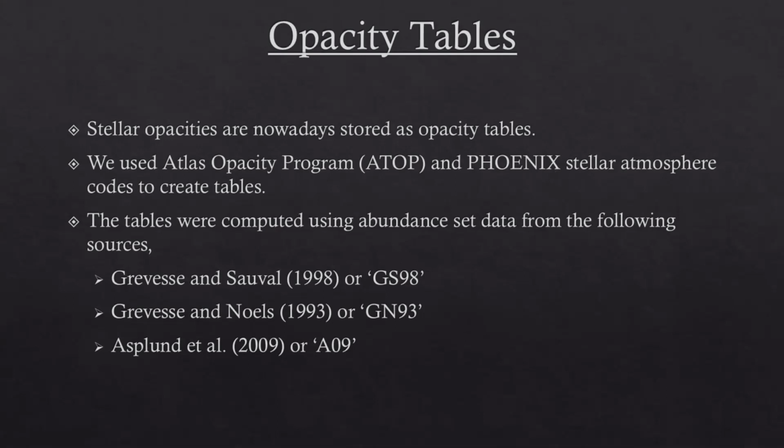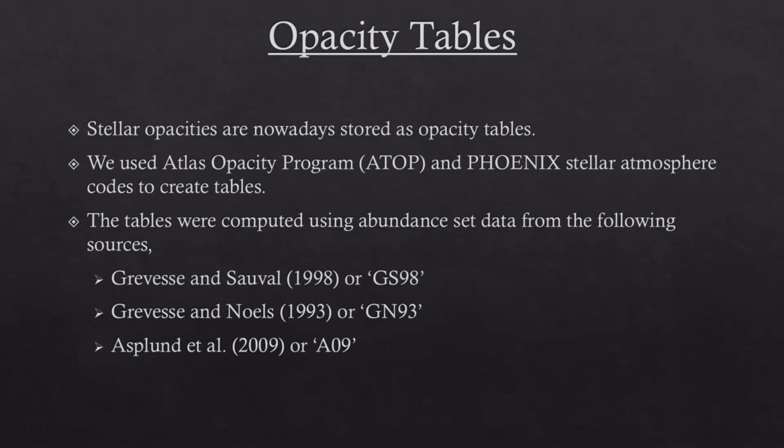And you have to use initial abundance set data to produce those opacity tables, and there are several. These are done through spectroscopy, and these are the sources that we took those abundance set data from.